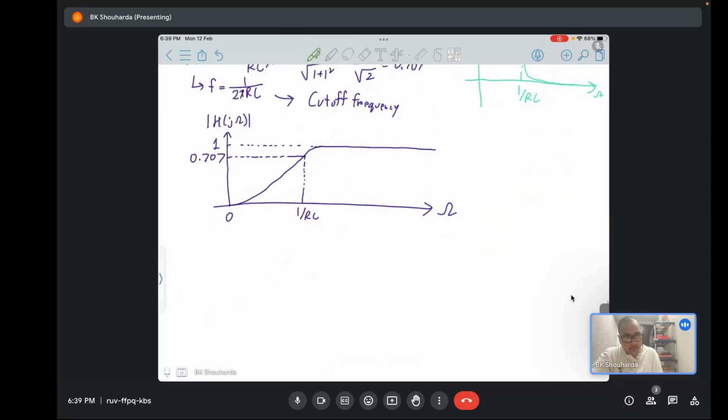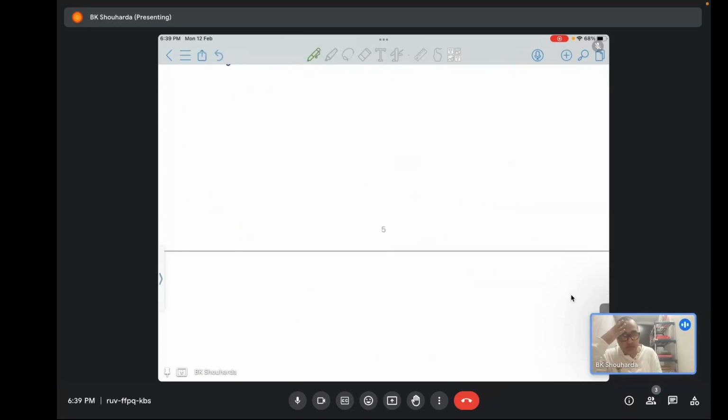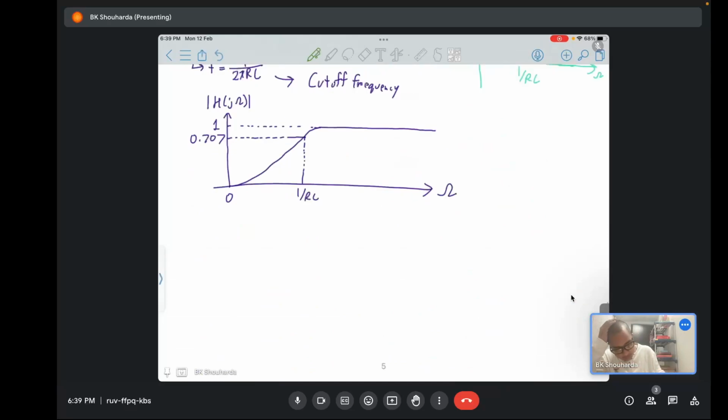So that's the transfer function of the circuit, and a brief discussion on how the magnitude and phase look. What does it suggest? If you have a signal A sine omega naught t and you pass it through this circuit with C and R, then we get another sinusoid with a new amplitude and a phase shift.